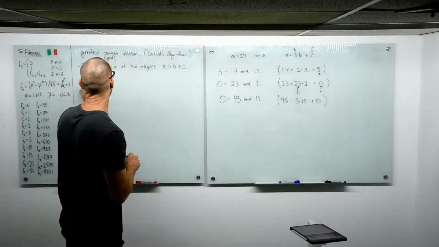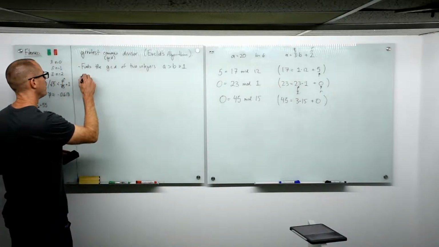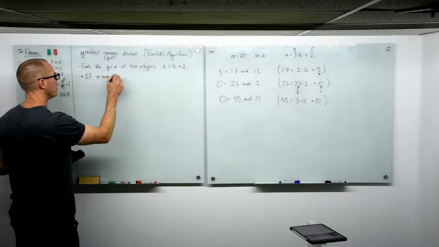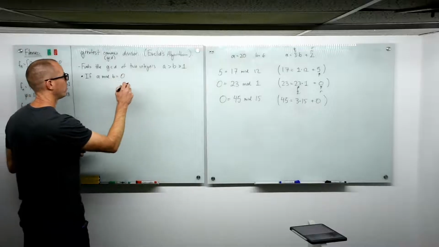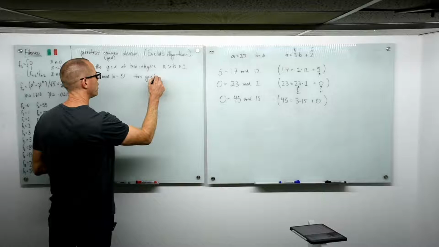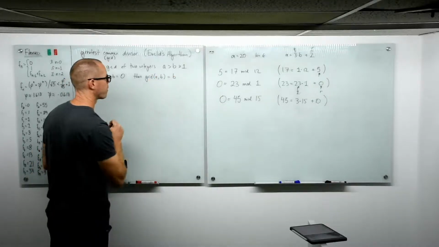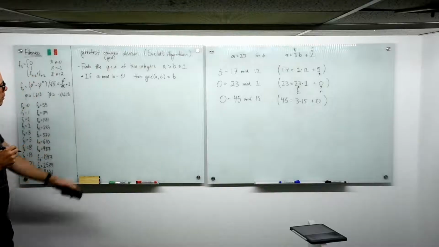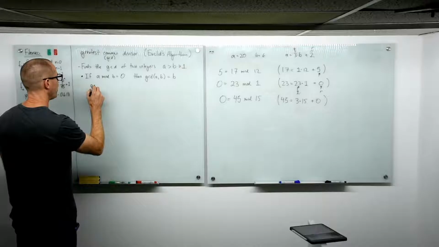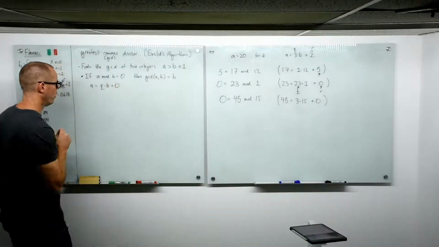And it uses the mod operation, so we'll write down this useful piece of information, which is if A mod B is equal to 0, then the GCD of A and B is equal to B. Right, because A mod B is equal to 0 means that A is equal to Q times B plus 0.